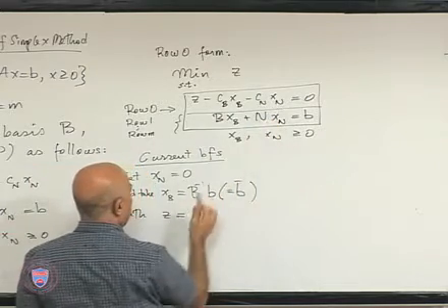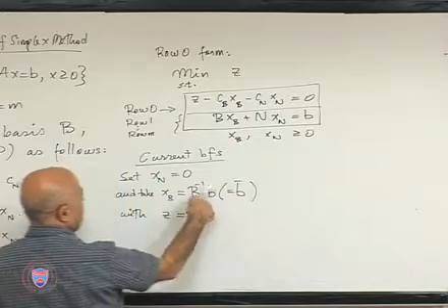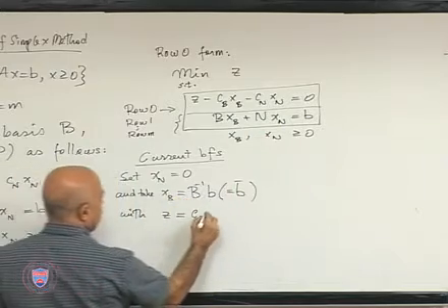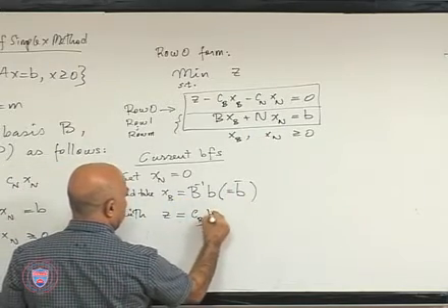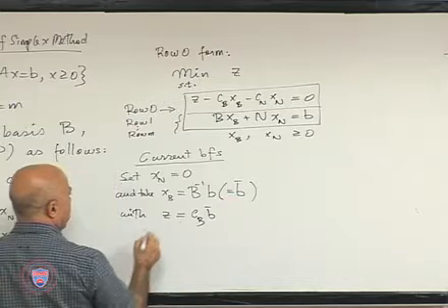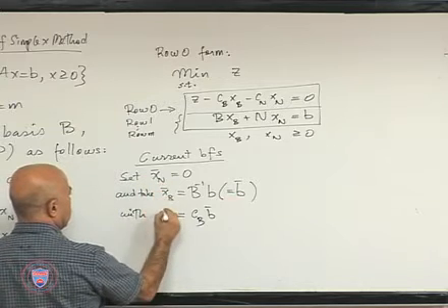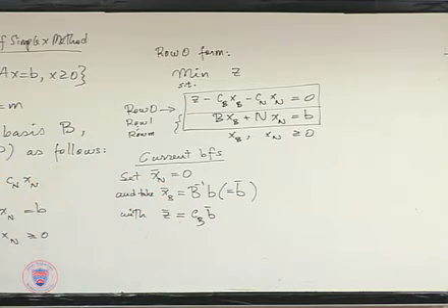XN is 0, so it will be CB times the XB vector, which is B inverse b or b bar. Okay? And because this is a particular solution, let's just mark it as XN bar, XB bar, and z bar. It is the current basic feasible solution.